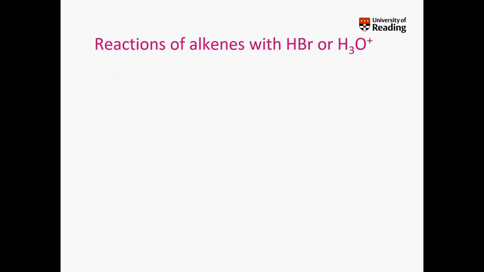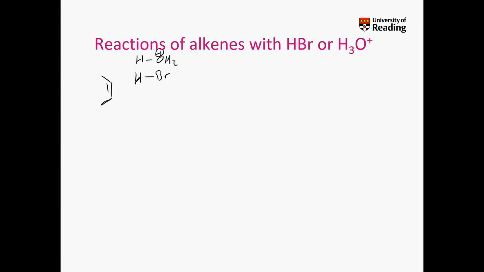Okay, so let's think about what that would do then. So we're going to have our double bond, which is going to act as our nucleophile, and we know that what we're looking at is having some sort of H+, either as HBr or as H3O+.